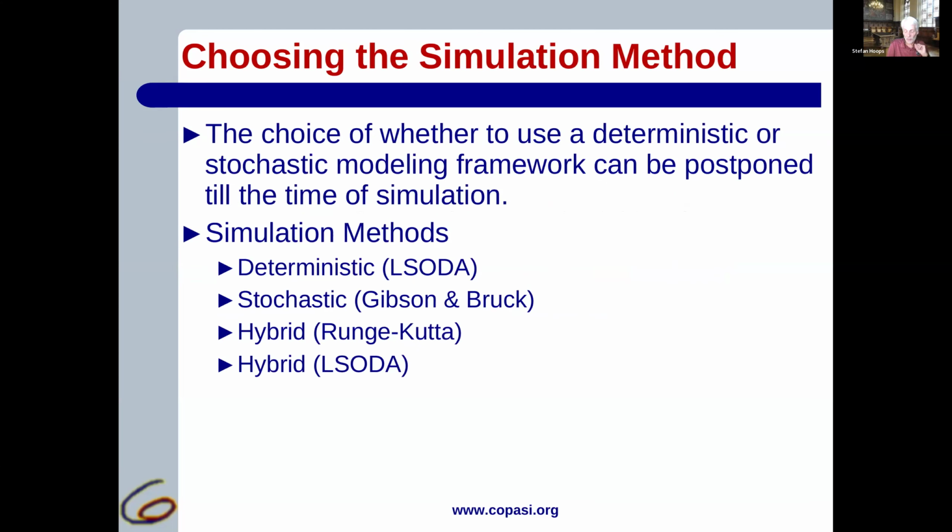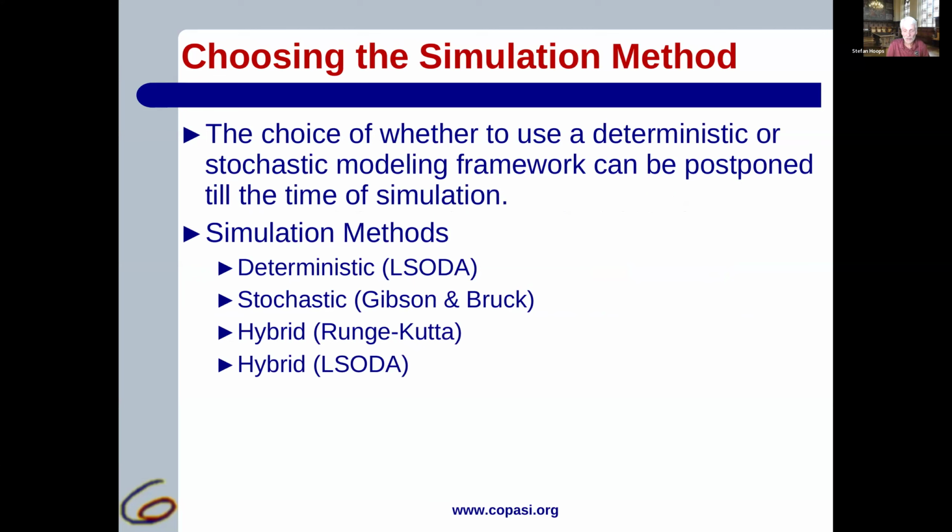So after you have a model which has only irreversible reactions, you can freely choose the simulation method. It can be a deterministic one, a stochastic one, or a hybrid one. So after you have your model prepared, you can just switch the simulation algorithm and get the different results.